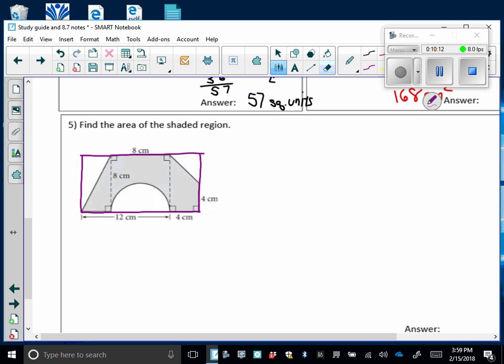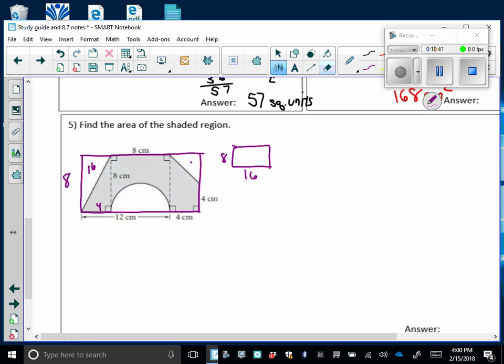So we have this rectangle, which is 16 units by 8 units. That's the entire rectangle. Then we have this triangle here, which is 16 units. And we have this little triangle here.